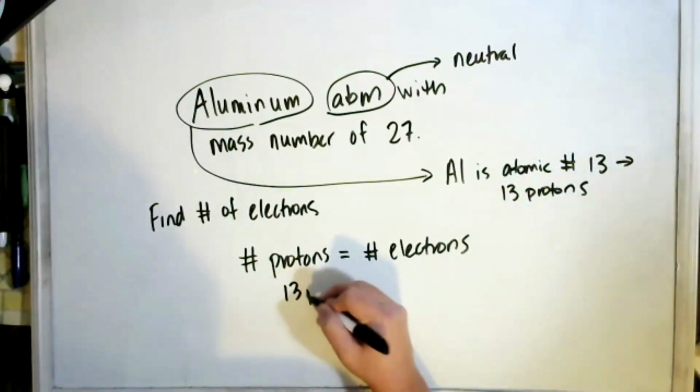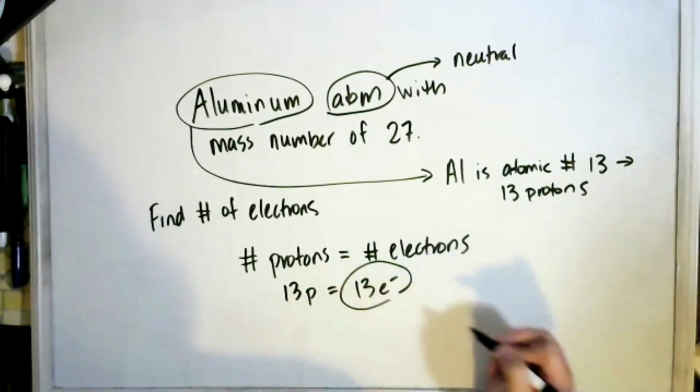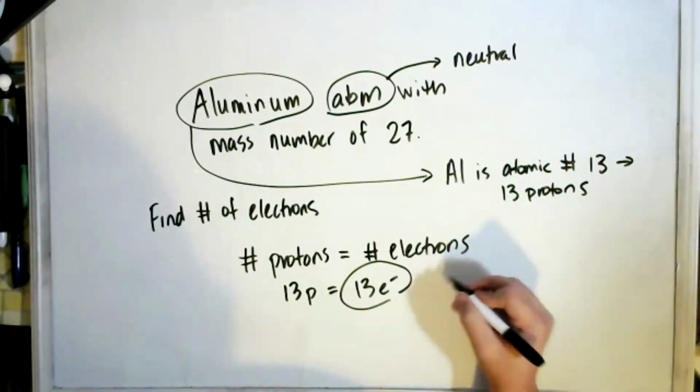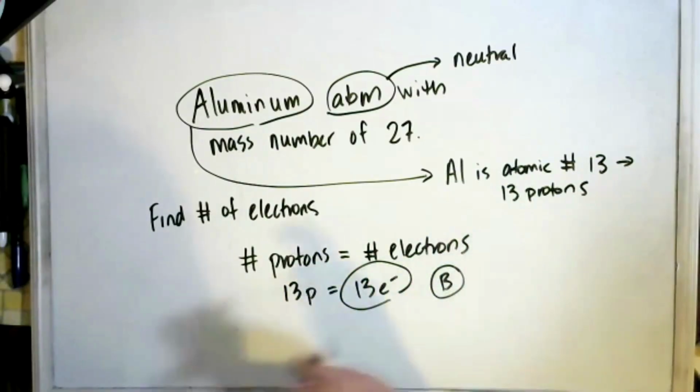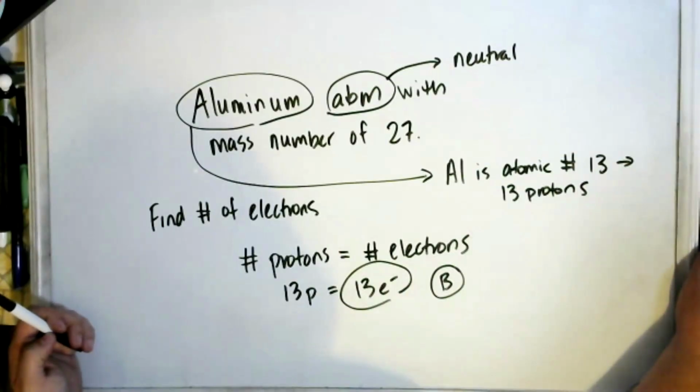And if we have 13 protons, we're going to have 13 electrons in this atom, which is choice B. All right, let's look at the next question.